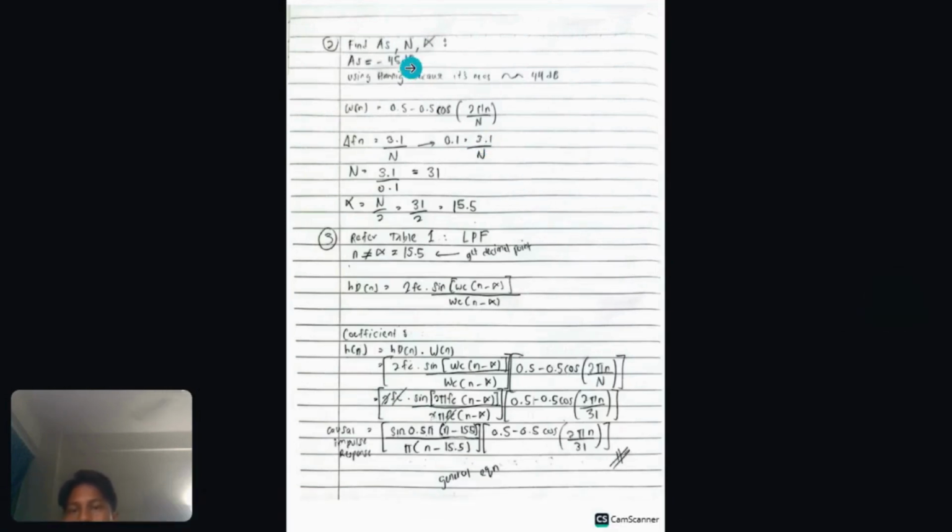Next, we need to find AS, N, and alpha. AS is the attenuation stop band. The question gives 45 dB and it's near to the Hanning. So Hanning 44. So we can use the formula from Hanning.